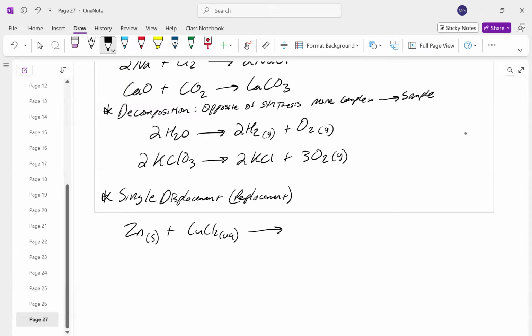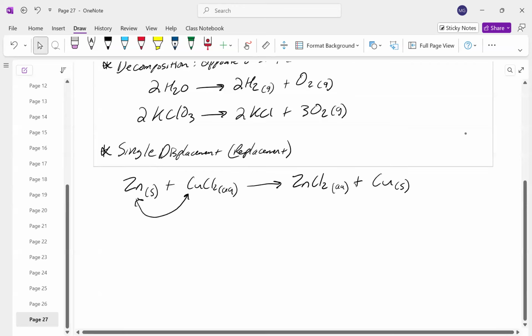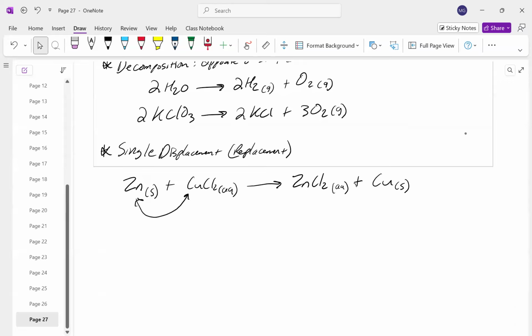And in a single displacement, we're going to basically switch the zinc for the copper. So now the zinc will be paired up with the chlorine, and the copper will be off by itself. So again, with a single replacement, you're just switching one of the atoms for another.